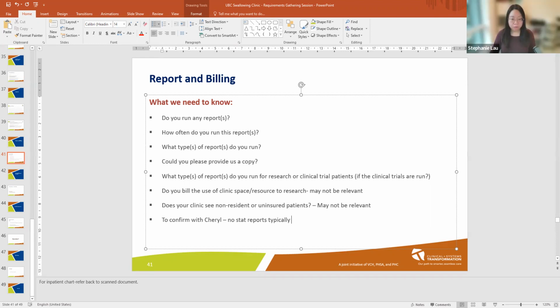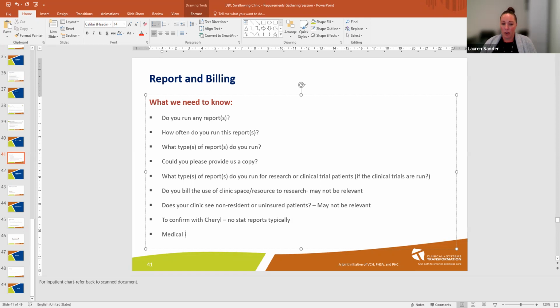Okay, and because there's no physicians, but there is the radiology piece, are there billing related reports? I don't know if there's a report, but can you guys provide us with what you send to MSP, what codes you send? The codes that go to MSP will be the medical imaging codes, the exam codes. So which we won't see.